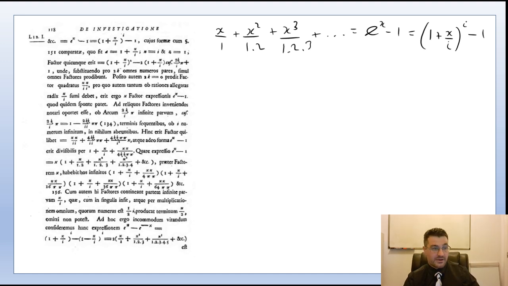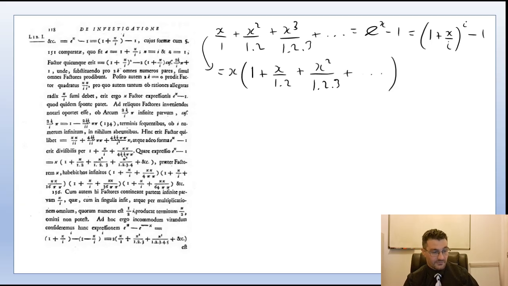Okay, so this is going to be worth bearing in mind. It's also worth noticing that this can be written as x times 1 plus x over 1 times 2 plus x squared over 1 times 2 times 3 plus and so on.